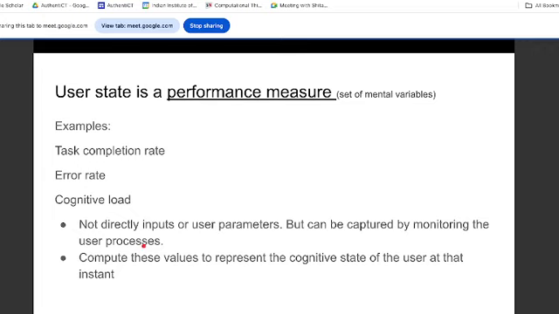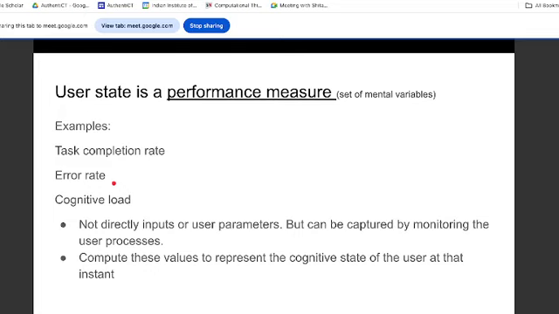Now talking about this user state machine again, this does not directly take user parameters as inputs. It can be captured by monitoring the user processes. So the user state, with respect to task completion or error rate, is not directly entered by anybody.